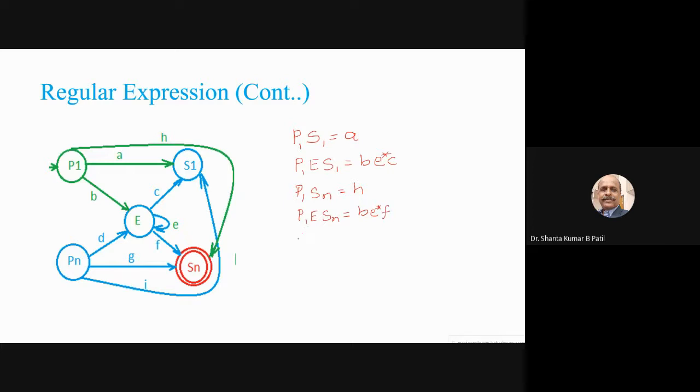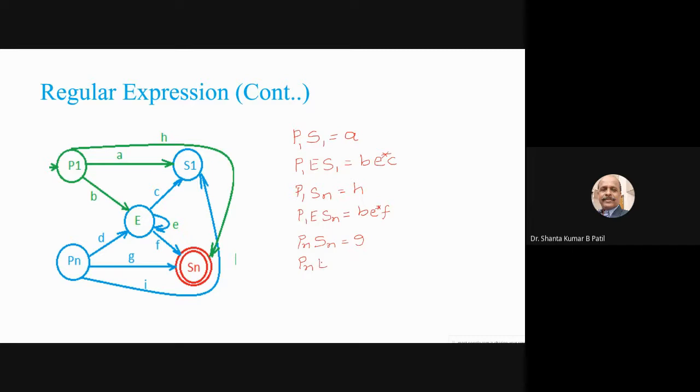Like this, the next transition is PN SN, which is equal to G. Like that, you can find some more transitions.